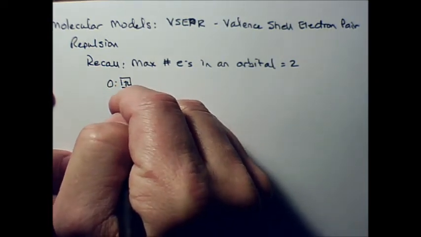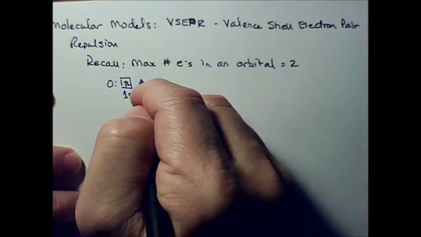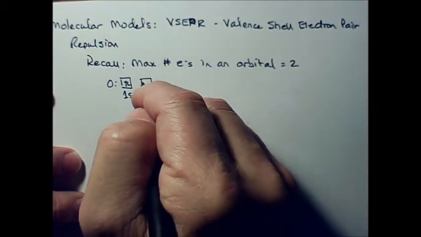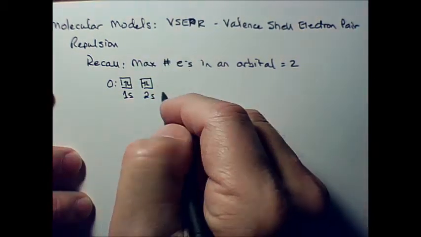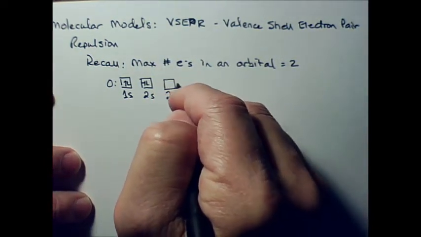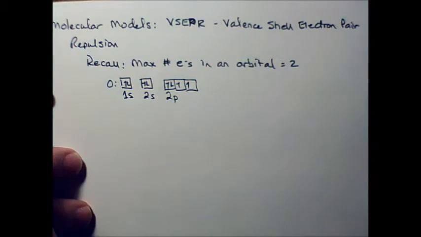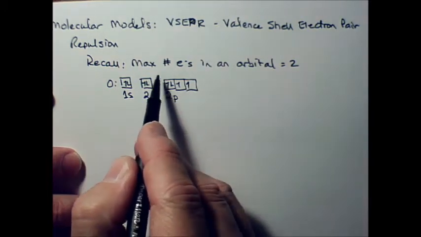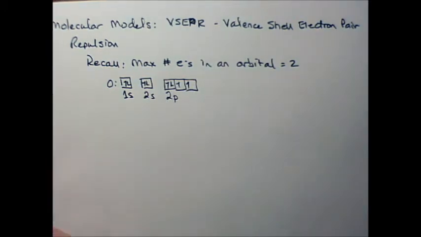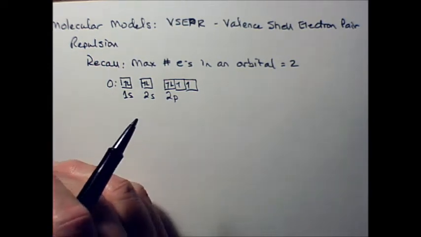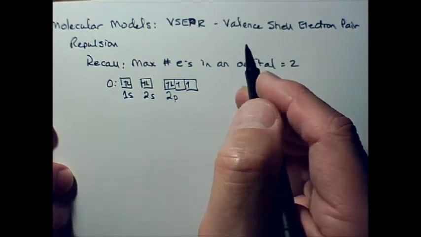We could only put a maximum of 2 electrons in an orbital. So there's 2 more places that oxygen can gain electrons. Remember, this is just a way of keeping up with the number of electrons. It's a way of organizing it so you can keep up with how many electrons are in an orbital, how they can be moved from one place to another, and so are electron dots.